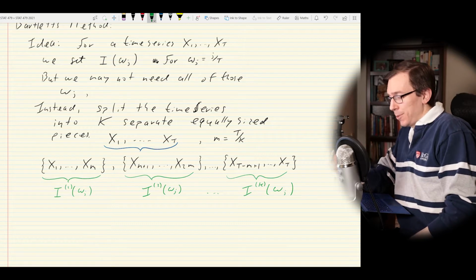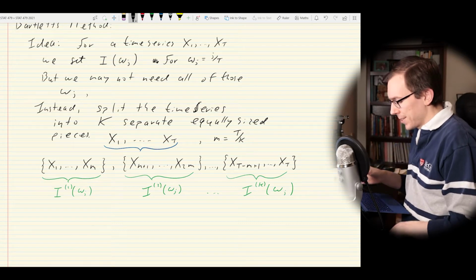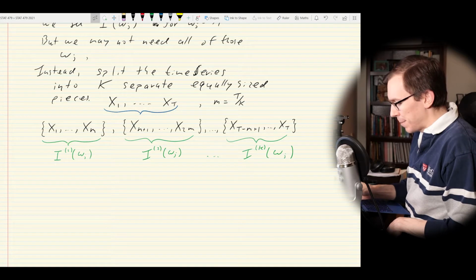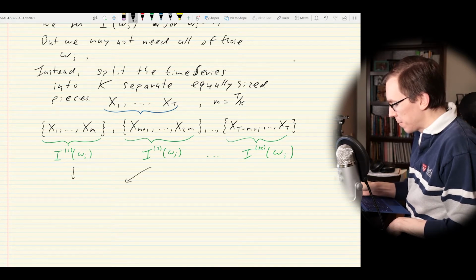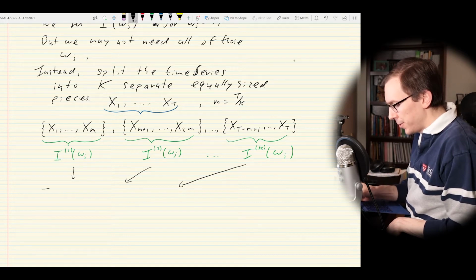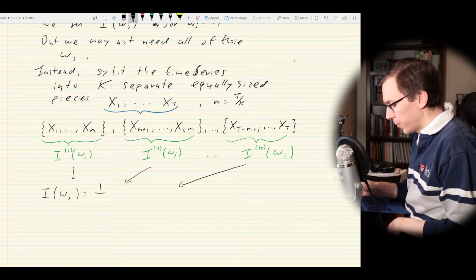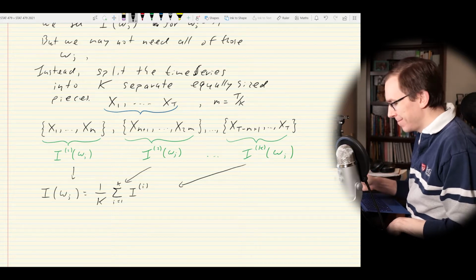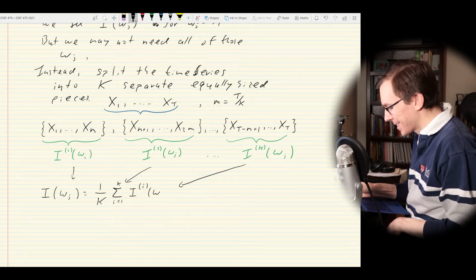In this case, we aggregate all of these periodograms to get our new estimator. The new periodogram, I of omega j, is going to be the average: 1 over k, averaging over all k of them, of I to the i. Not the greatest notation, but it works.